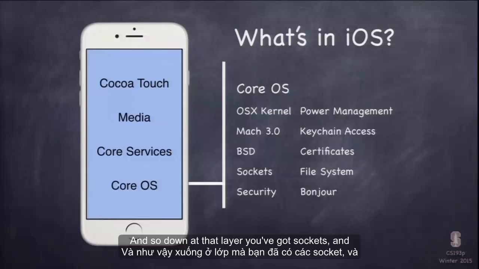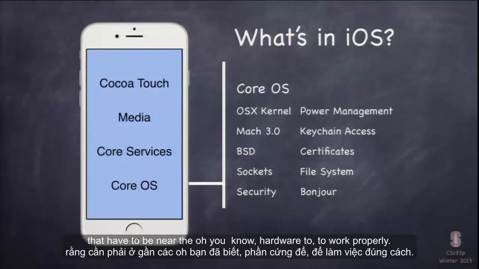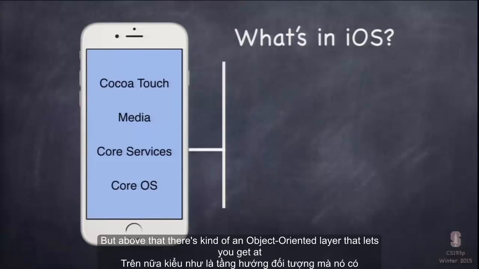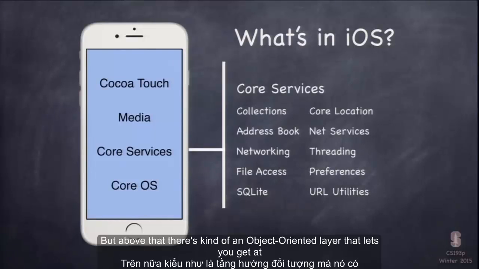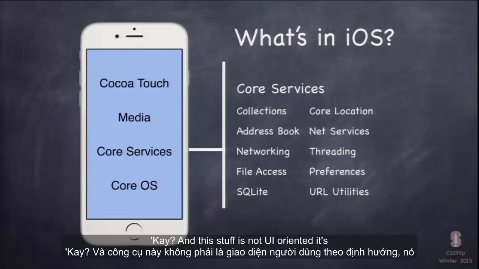And so down at that layer, you've got sockets and you've got permissions and things like that that have to be near the hardware to work properly. But above that, there's an object-oriented layer that lets you get at a lot of that stuff using object-oriented programming. And this stuff is not UI oriented.